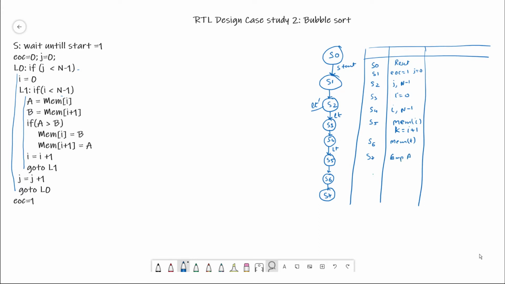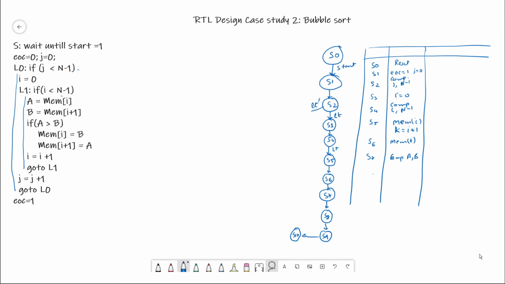In S7 we will compare A and B. So this S4 was also compare. This was also compare. So compare A and B. From S7 then we will have S8 and S9. These would be there, and then from there we will have S10.